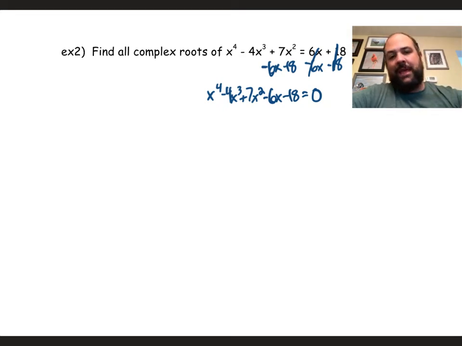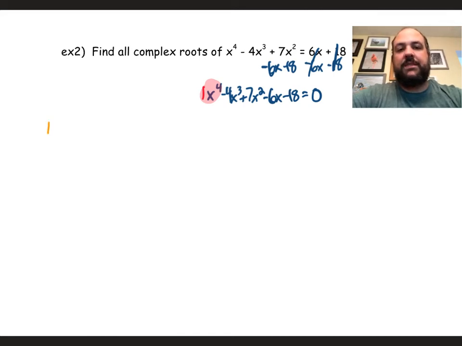So if we look here, before I even list my p values, I see that my leading coefficient in this case happens to be 1, from the 1x to the fourth. That tells me that my p over q values are really just going to be whatever the p values happen to be.